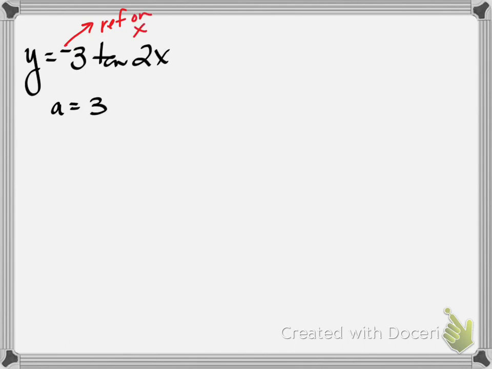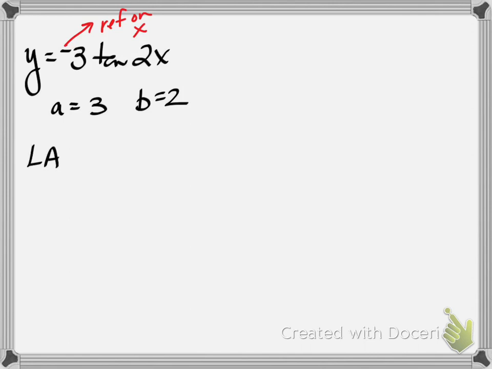And we have a b of 2. We're not going to do much with the amplitude. It's how high and low it reaches, and tangent already goes from negative infinity to positive infinity. So we're just going to ignore it. It probably does make it a little more sharply increasing, but we're not going to worry about it.